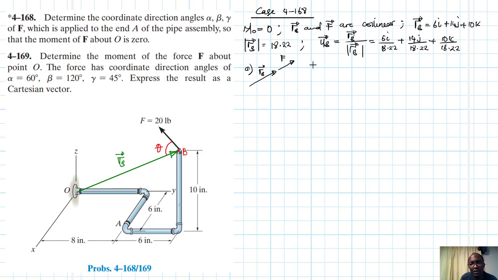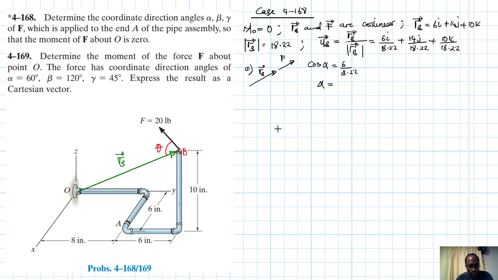For that case, you expect cos alpha to be equal to 6 over 18.22, and therefore alpha is just going to be equal to cos inverse of 6 divided by 18.22, where alpha is the angle between the positive x-axis and the force vector.